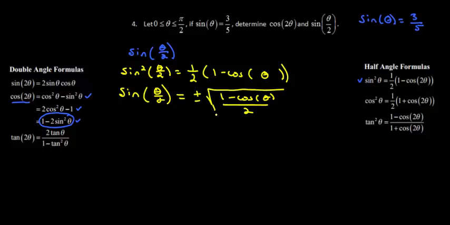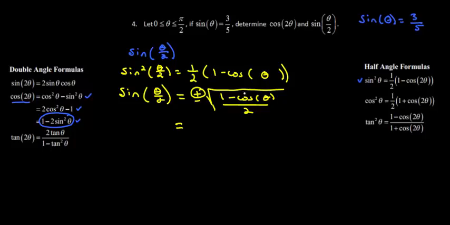And that's the formula that you're used to seeing. We have to pick whether to use the plus or the minus. If the original angle is between 0 and 90 degrees, then half the angle is certainly between 0 and 90 degrees, so we are going to use the plus because sine is positive in quadrant 1.